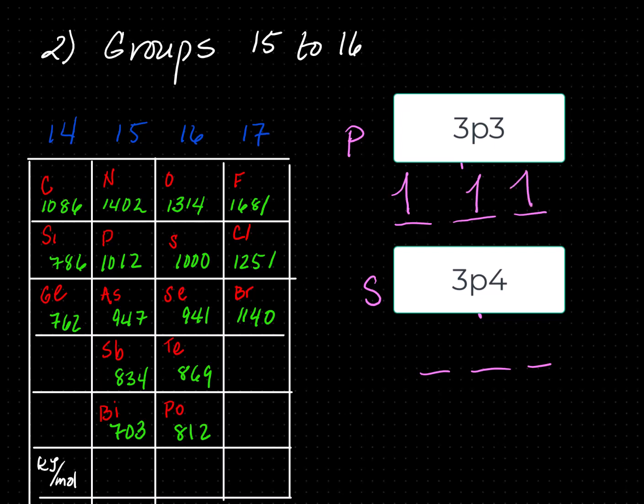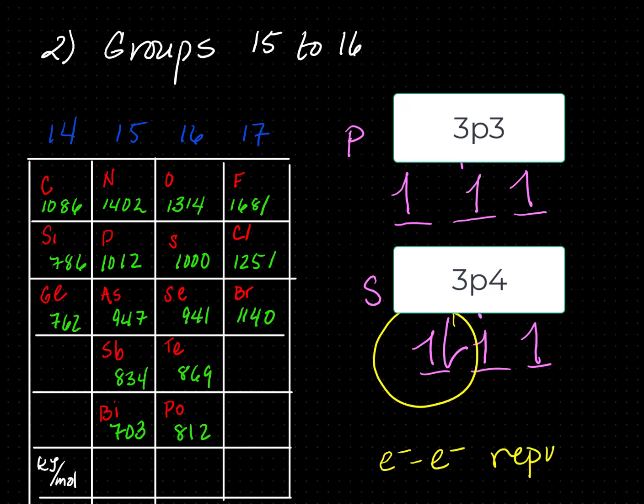For phosphorus, it's complete. For sulfur, I'm going to do the same thing, Hund's rule, 1 per orbital, but it needs 1 more electron, so I come back and pair in the opposite direction. This pair of electrons causes electron-electron repulsion, making it easier to remove the electron from sulfur than phosphorus.